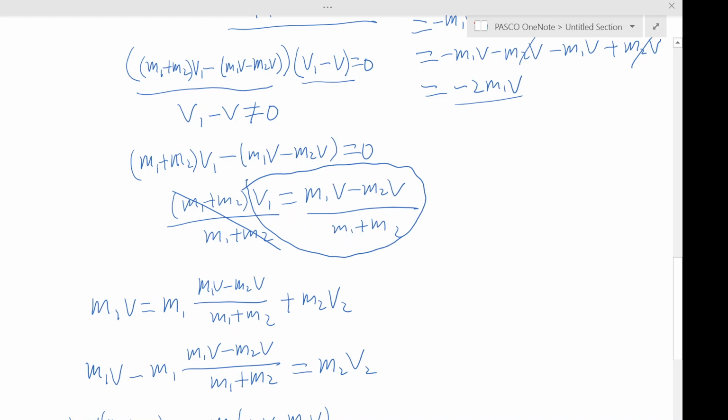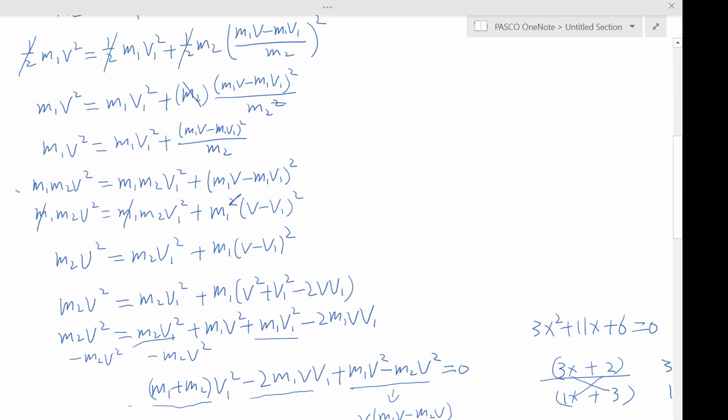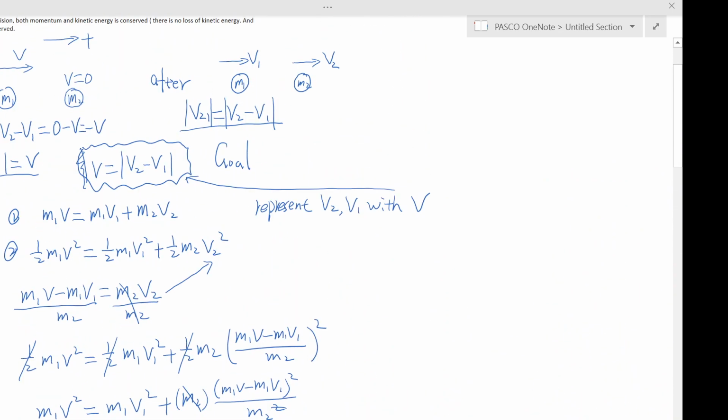Now we can plug both into the original equation, v2 minus v1 in absolute value, and see if we can simplify everything to just v.